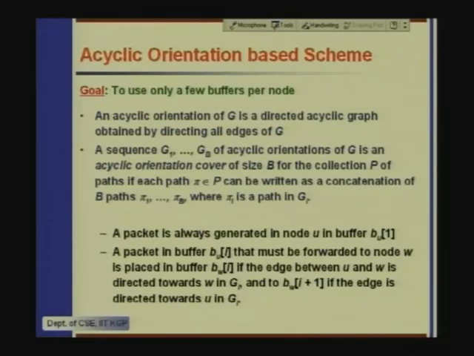Firstly, we must understand what an acyclic orientation is. An acyclic orientation of a graph G is a directed acyclic graph which is obtained by directing all edges of G. Now, what does that mean?